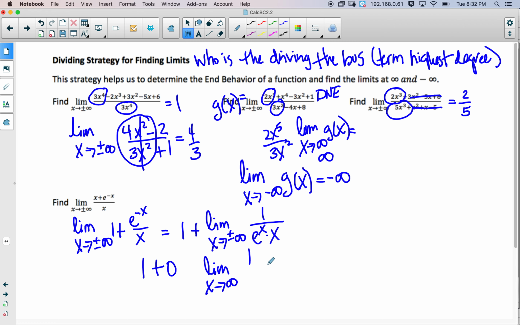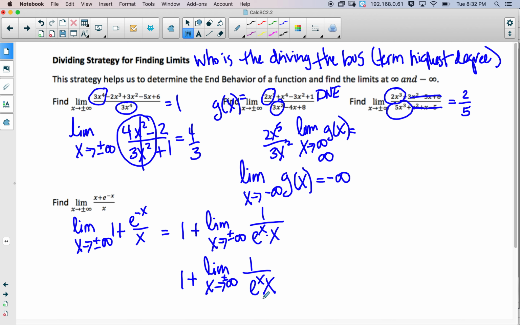of 1 over, oh, I'm sorry, let me back up. Sorry about that. I forgot my 1. So I have 1 plus, I'm going to leave this plus minus just to save some time. 1 over e to the x x, I'm writing the same thing, sorry. This is equal to 0 because your denominator is growing so much faster than a 1, which isn't growing at all.